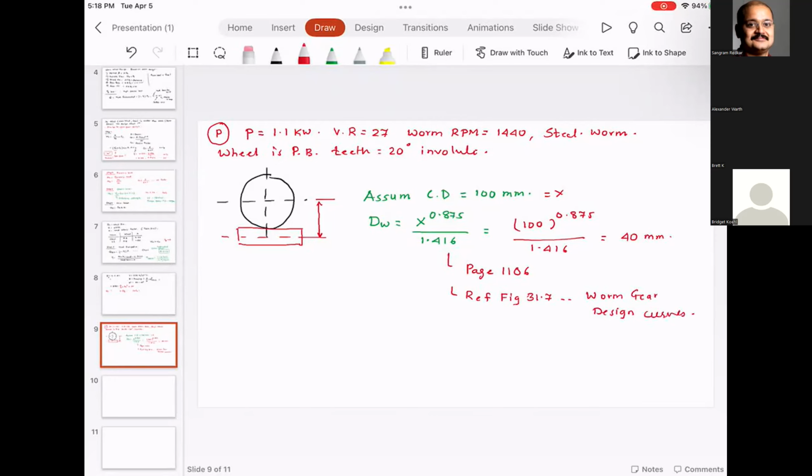So with that, we can find the approximate diameter of the worm.